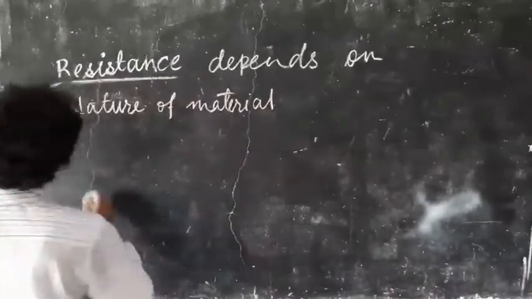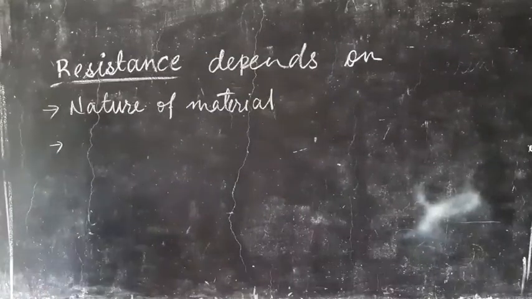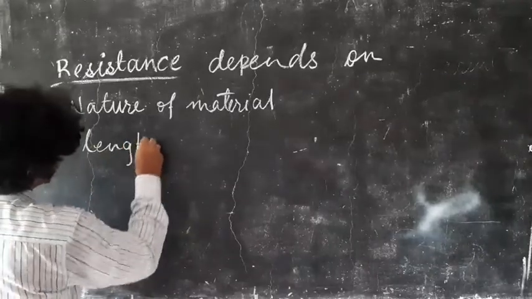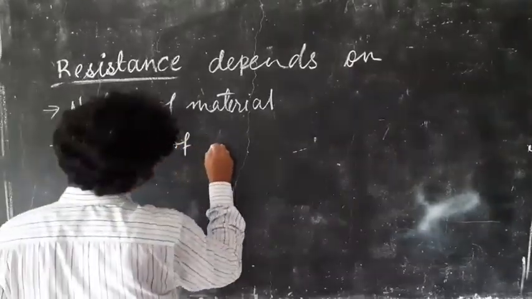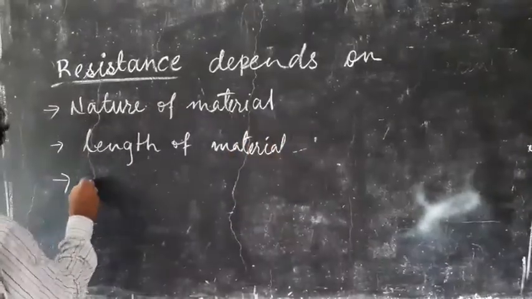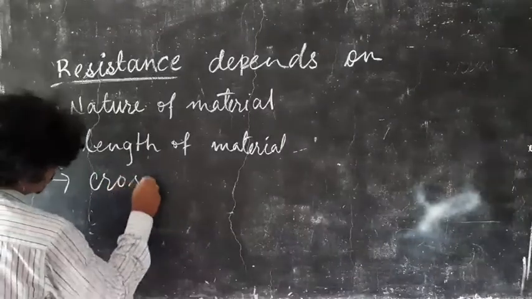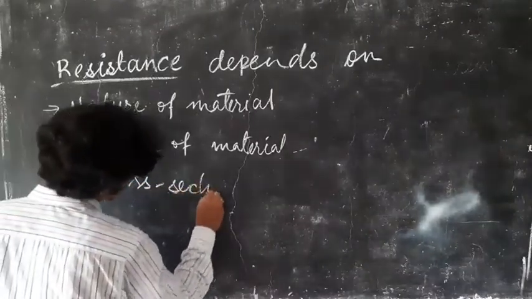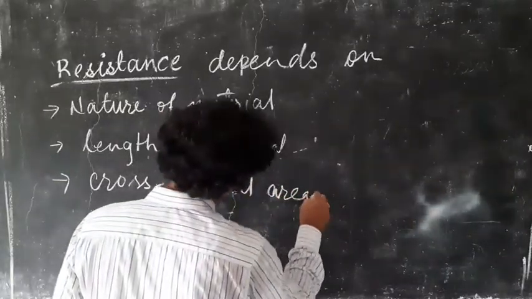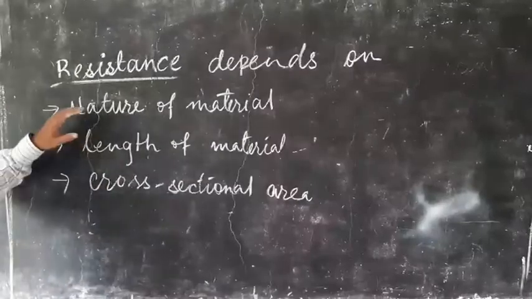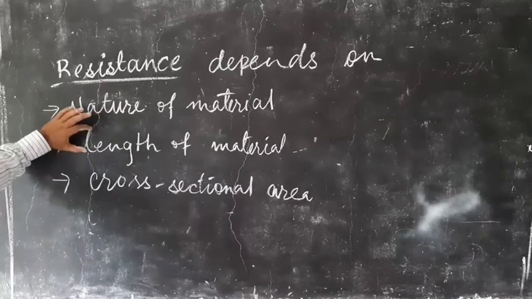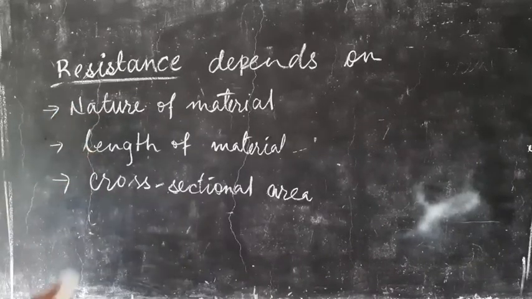So resistance depends on the nature of material, length and cross sectional area. So mainly resistance depends on nature of material, length of material and cross sectional area of that material.